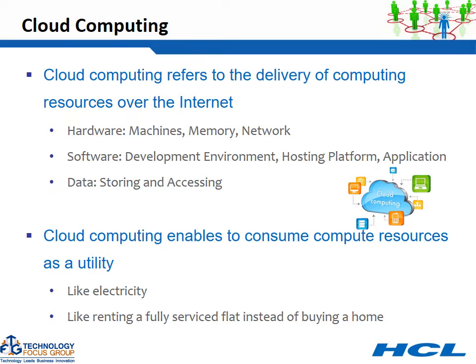Normally all this stuff is on a physical machine which is residing next to us. In case of cloud computing, most of this is on some machine residing in a data center far away from us, and can be accessed over the internet.